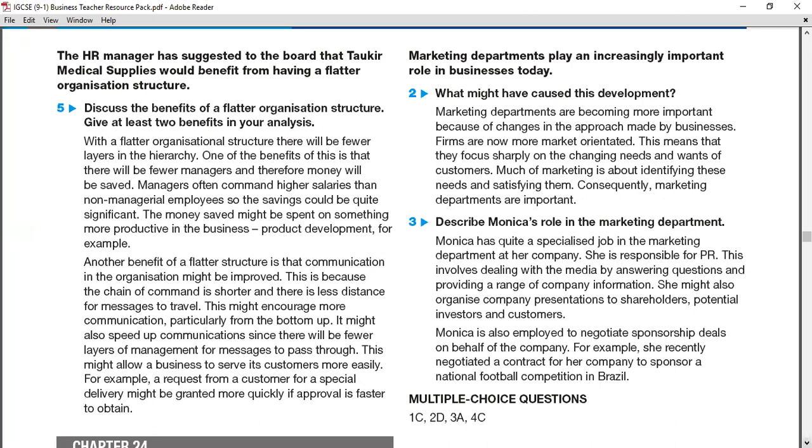One benefit of this is that there will be fewer managers in a flat structure, right? And therefore money will be saved. Because in a flat structure there are not that many layers in the organization. It's called delayering. So few layers, wide span of control. One person manages the whole department. So that's called a flat structure.